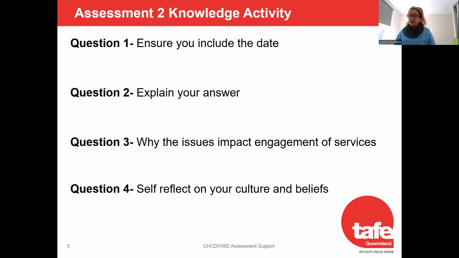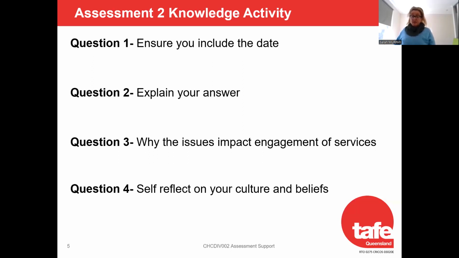Okay, question 3, explain why 2 of the following issues. There's 4 listed below: European settlement, loss of land and culture, racism and discrimination, and power relations past and present.